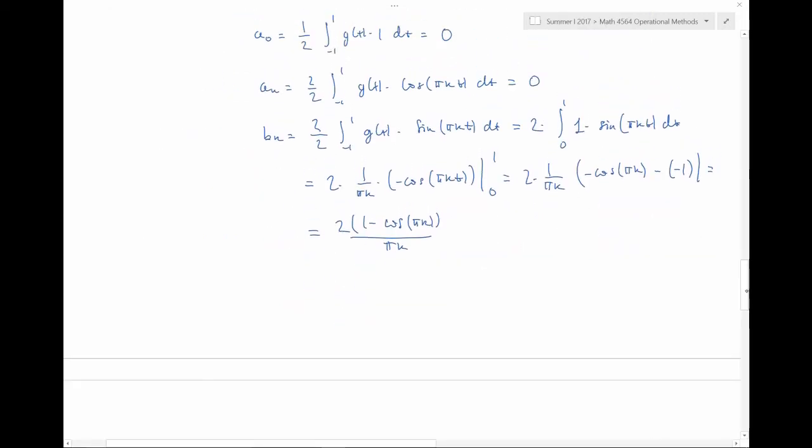So in a way, the series is 0 plus the sum, k goes from 1 to infinity. The coefficients a_k are 0 times cosine of pi k plus 2 times 1 minus cosine pi k divided by pi k multiplied by sine of pi k t.